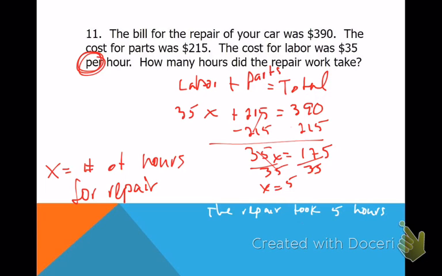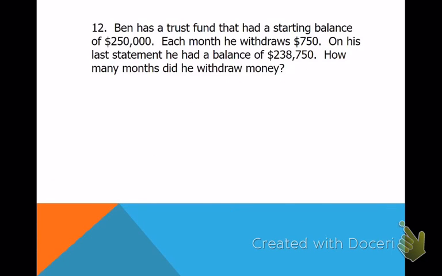Could be as simple as that. Okay? All right. One more. And this one's a little bit tricky. So define your variable, come up with your equation, start the video back up and make sure your equation is the same as mine. And then we can solve it and write out a sentence.